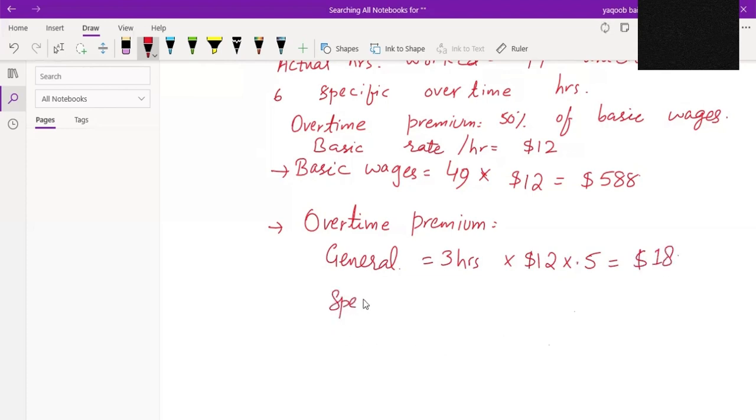Second one is specific: 6 hours into basic rate 12 into overtime premium.